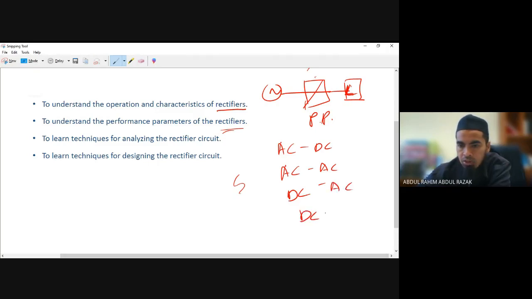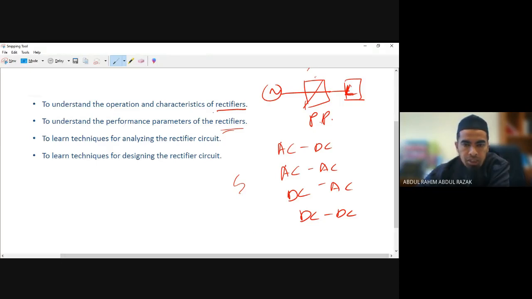Maybe from DC to DC, where we have a certain level of DC, but the load needs only a certain level of DC, so we have to process the voltage or power to suit the requirement of our load.